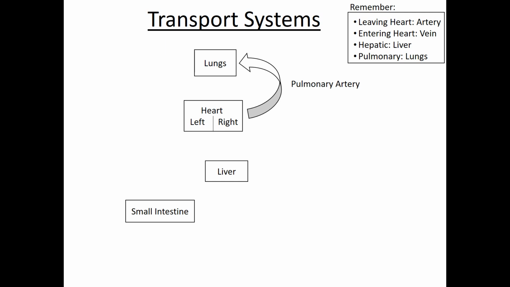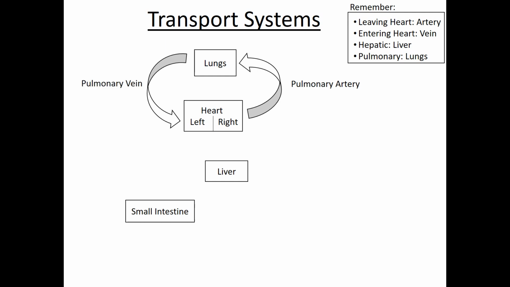Now, after we've picked up oxygen in the lungs, we can go ahead and send that oxygenated blood back into the heart. And this one is still, again, related to the lungs since it's leaving the lungs. So it will also be pulmonary, but since it's entering your heart, remember, blood enters the heart through veins.